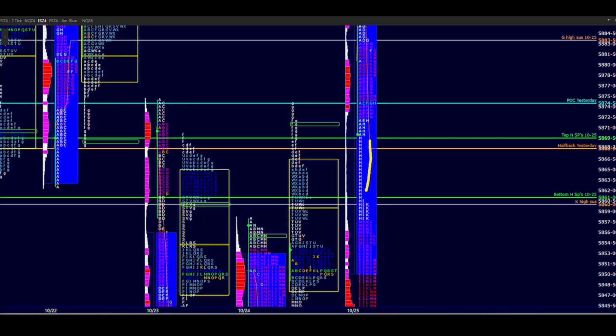So once price was able to get to the open in H period, you saw tempo pick up, and we saw some downward price exploration, put us back inside the range from the 24th, and put us back in this lower value situation that we had going on from the 23rd after the 22nd.